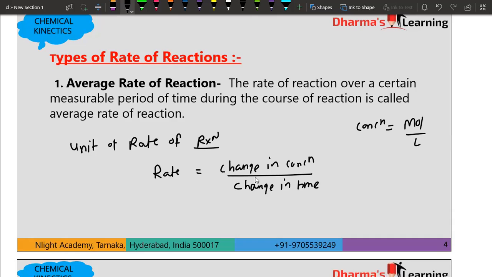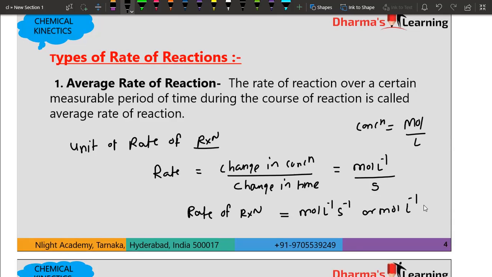So the unit for rate can be written as concentration in mole per liter, divided by time. Time may be in seconds, so let's consider second, or any unit of time. So the general unit of rate of reaction can be mole liter inverse second inverse, or mole liter inverse minute inverse, or mole liter inverse hour inverse.